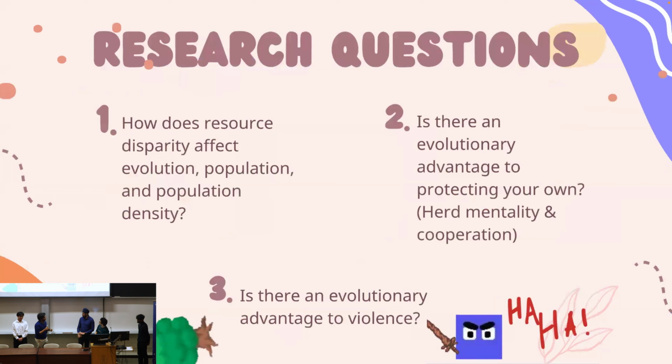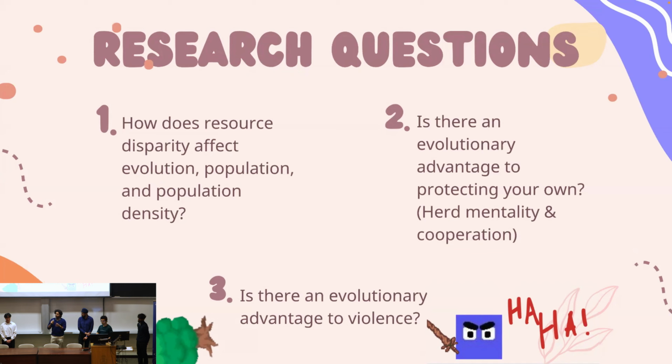You want me to do this? Okay. So we have 3 research questions. The first one I already talked about, which is the resource disparity. The second one is herd mentality. If you see some creatures like cows and stuff, they always move in herds. Why is that?